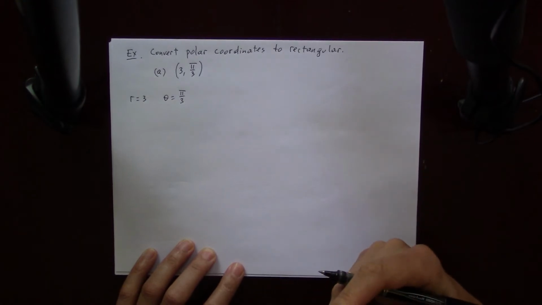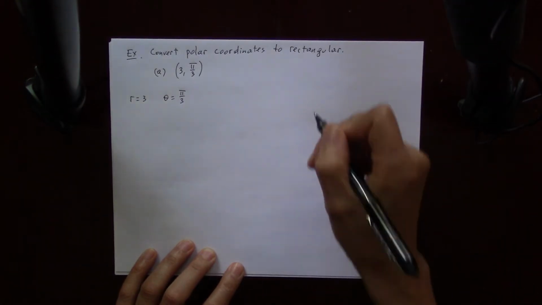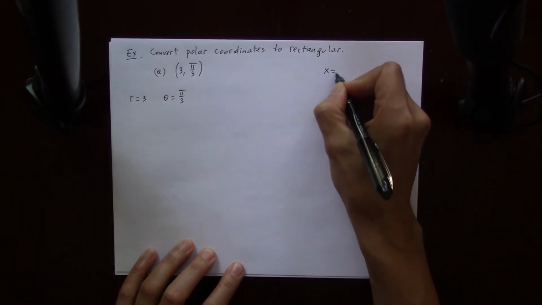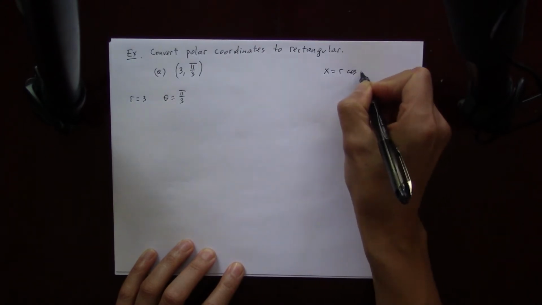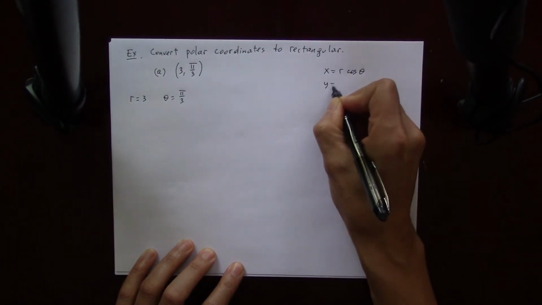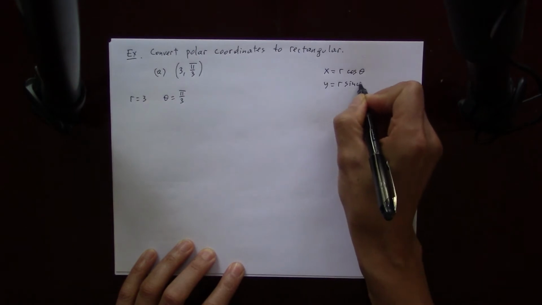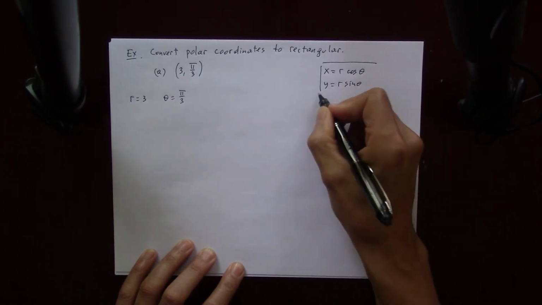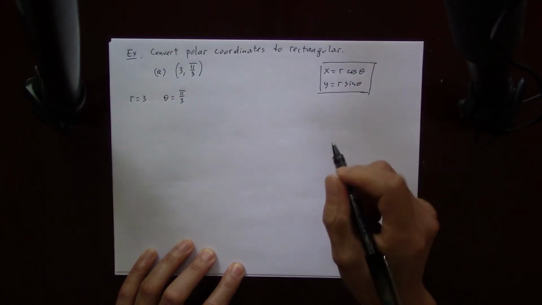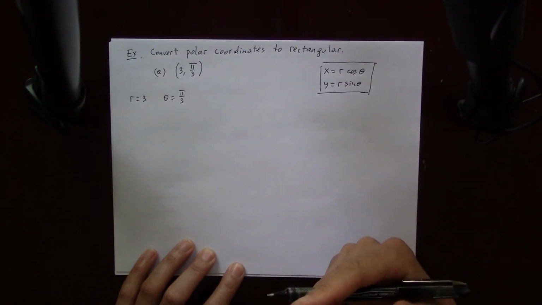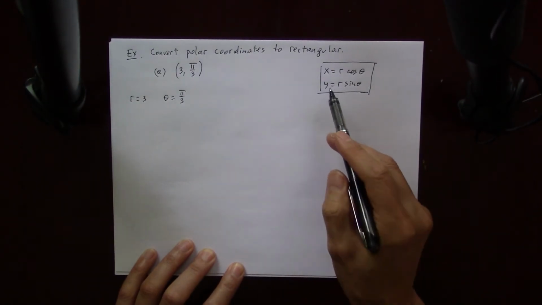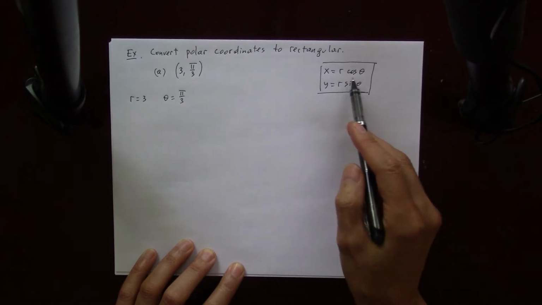To convert from polar to rectangular, we're going to rely on the formulas x equals r cosine theta, y equals r sine theta. If we know what r and theta are, we should be able to get the x and y coordinates of a point by plugging in r and theta correspondingly.